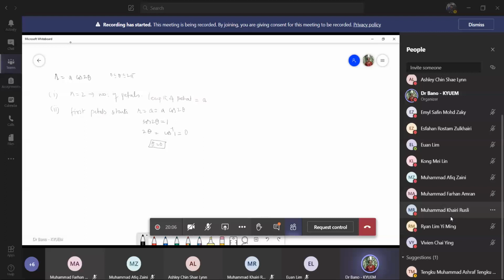Okay, now we got the third point, which is rotation. For rotation, 2 pi by n, so that is pi. So you got two petals, so the second petal starts from pi, since the first is 0.